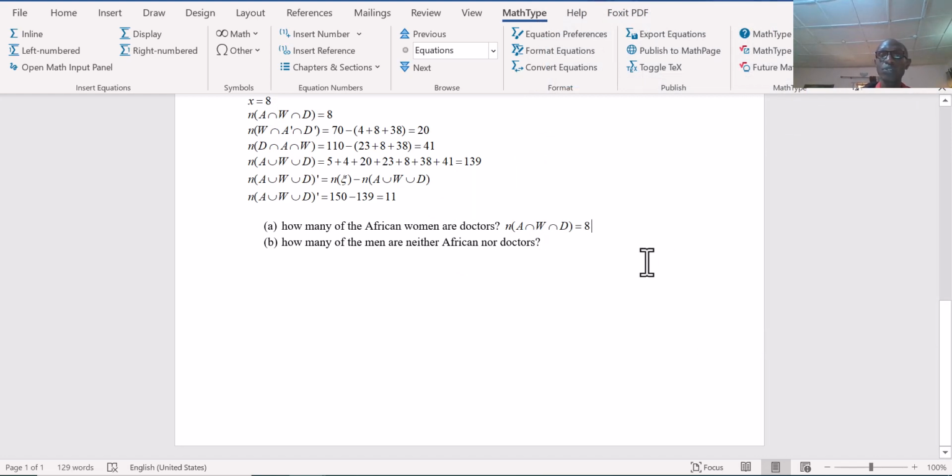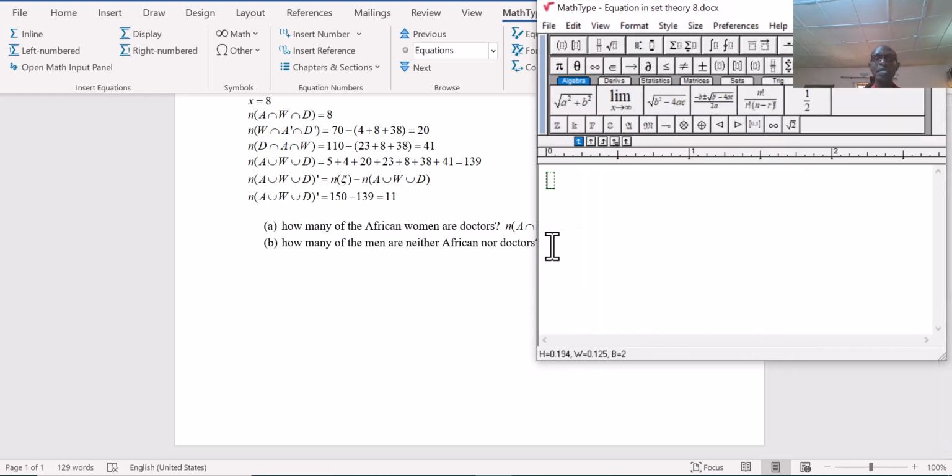Now the second part of the question is, how many of the men are neither Africans nor doctors? So they are men. When we are obtaining this, the complement of women will give us men. So W complement stands for men.